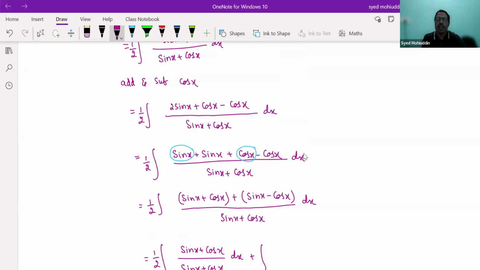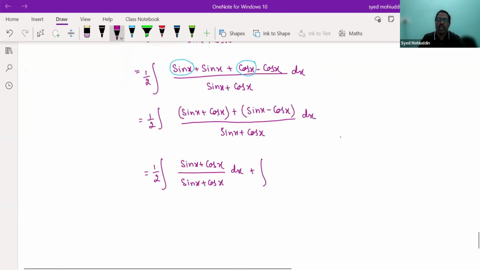First and third terms give sin x plus cos x, and the remaining term sin x minus cos x will remain as it is. Denominator will remain as it is. So what I'll try to do now is group this and divide this term by the denominator. Therefore I'm writing half as it is, integral of sin x plus cos x by sin x plus cos x along with dx.